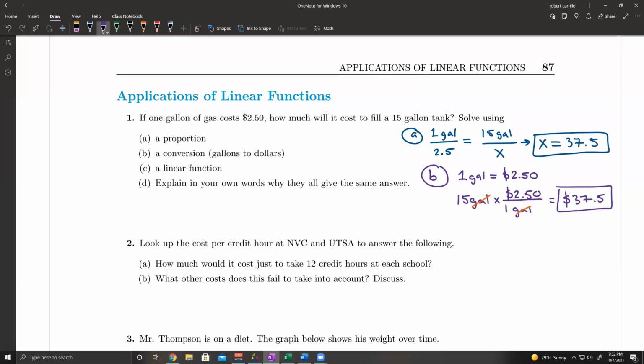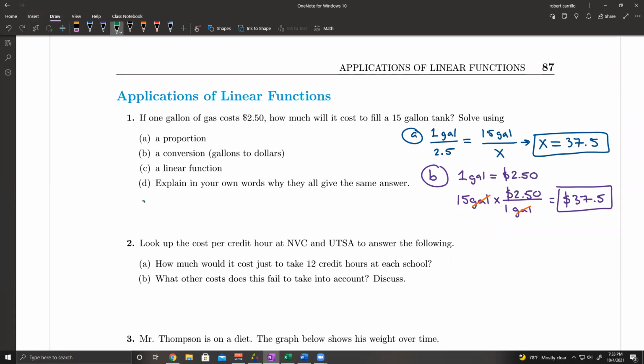Okay, so one was using algebra, the other was just straight do 15 times 2.50, of course, using the conversion table. And then C wants us to write this as a linear function. Okay, so for C, this one might be a little more crazy.